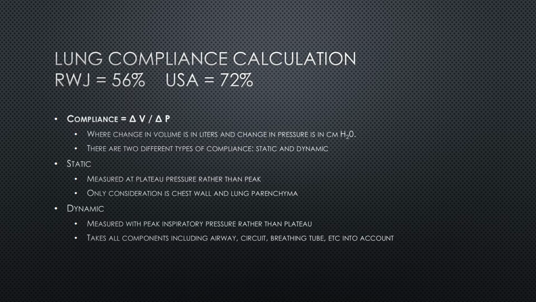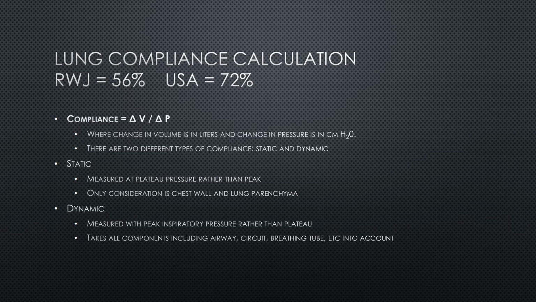A very compliant lung might be like somebody with COPD, when a change in volume requires relatively little pressure. If you compare that to somebody with restrictive lung disease, a change in volume will require a higher change in pressure. So change in volume over change in pressure, you just have to memorize.